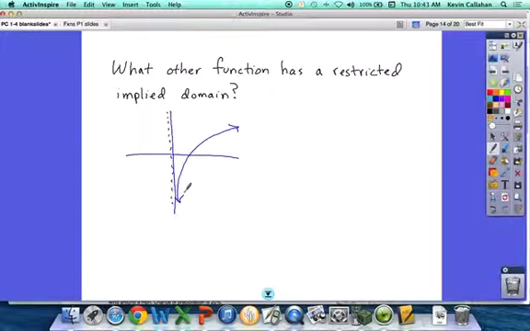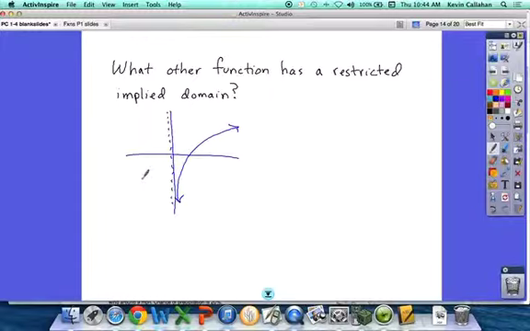Starts with an L. Logarithm. You cannot take the logarithm of 0, and you can't take the logarithm of a negative number. They don't give us that in these problems, but that was actually the other one that we dealt with in Algebra 2, where sometimes you've got to worry about what you're going to plug in.